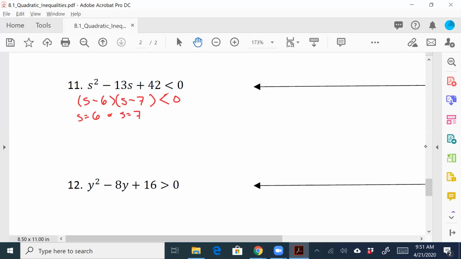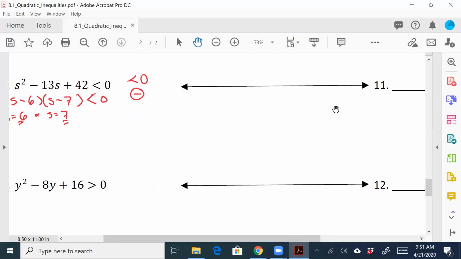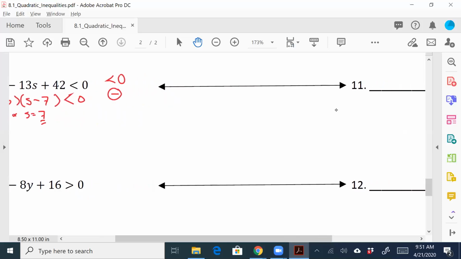Then I've got these two numbers. Before I go over there and graph them, I'm going to just make note that less than 0 means that these are negative numbers. We're going to find where this thing is negative. So 6 and 7. Again, just for point of reference, I'm going to put 0 here.